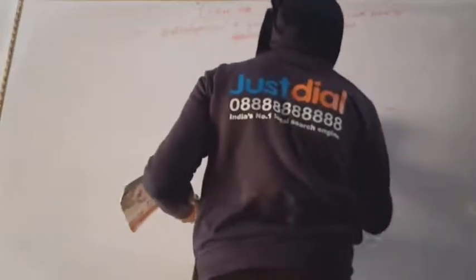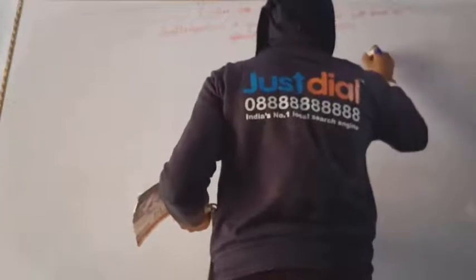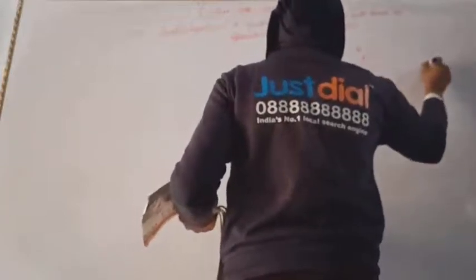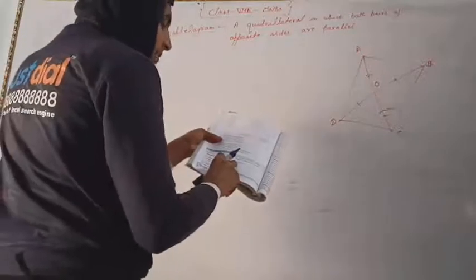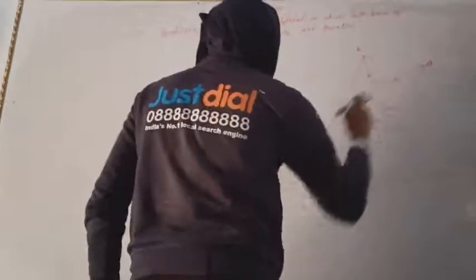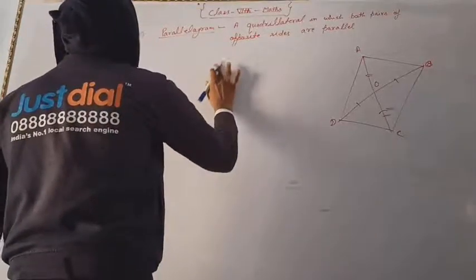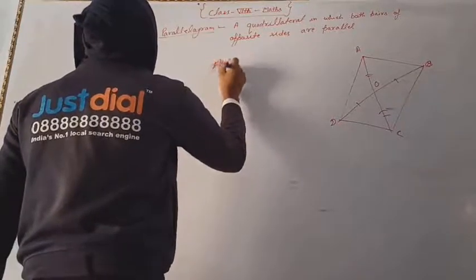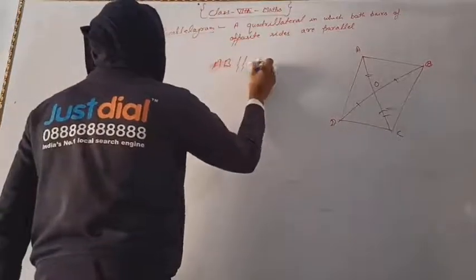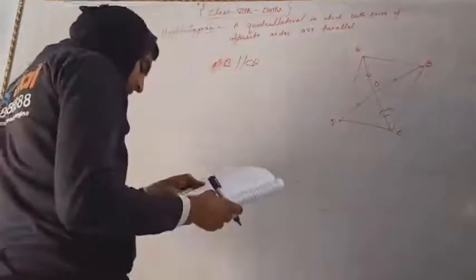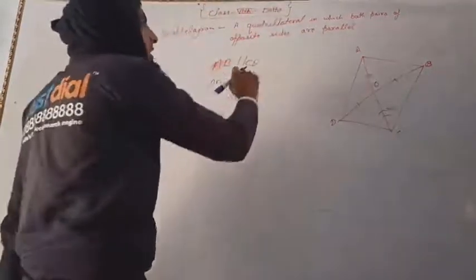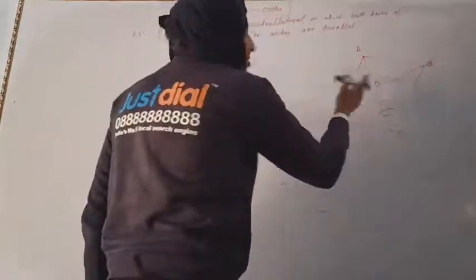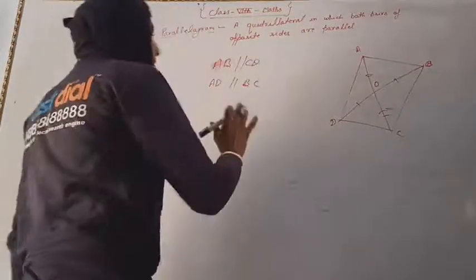In figure ABCD, the parallelogram, AB is parallel to DC, this side parallel to this side, and also AD is parallel to BC, because you already know by the definition that a quadrilateral in which both pairs of opposite sides are parallel is called a parallelogram.